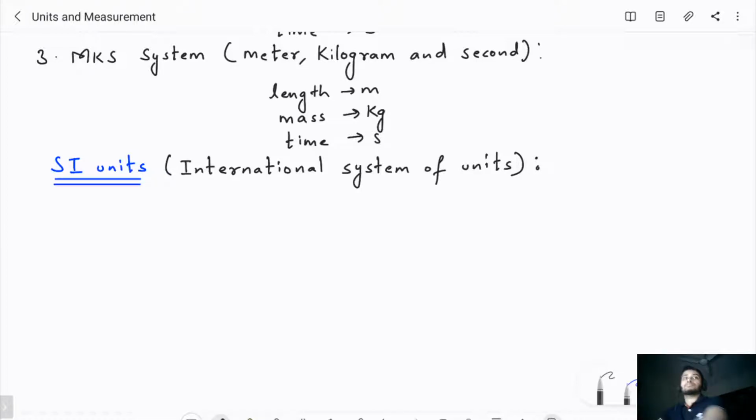Basically it is an internationally accepted system of units.